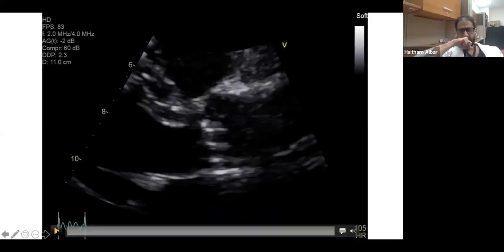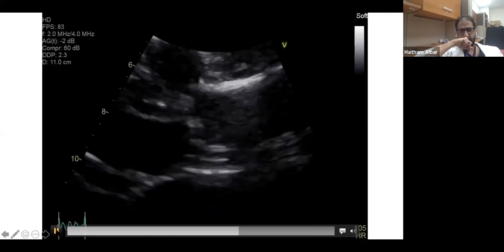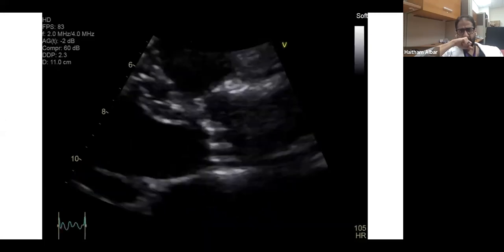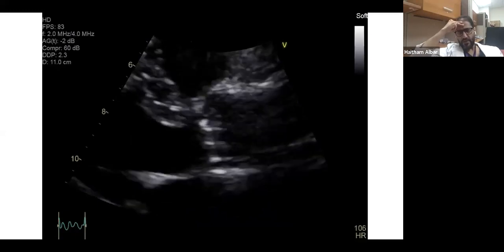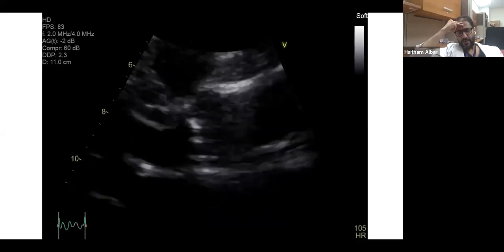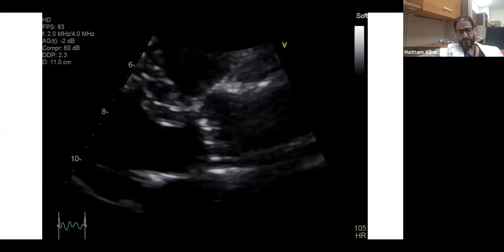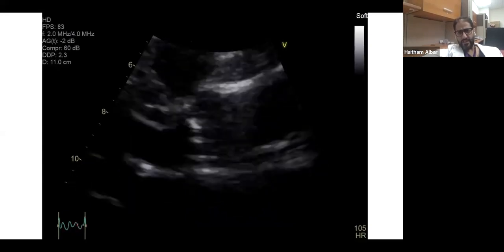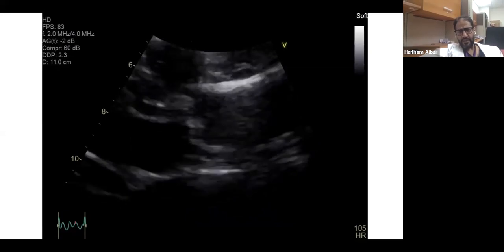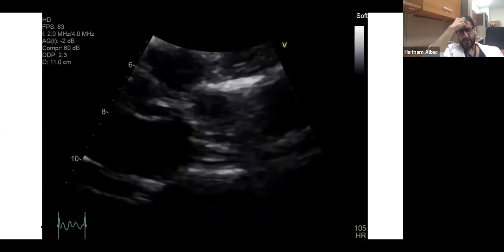So this is the same view, but concentrating here on the aortic valve area, I can see restricted motion, opening and closing of the aortic valve. Sinotubular junction seems normal, not dilated. I can see the calcification above the sinotubular junction in the aortic valve as well.